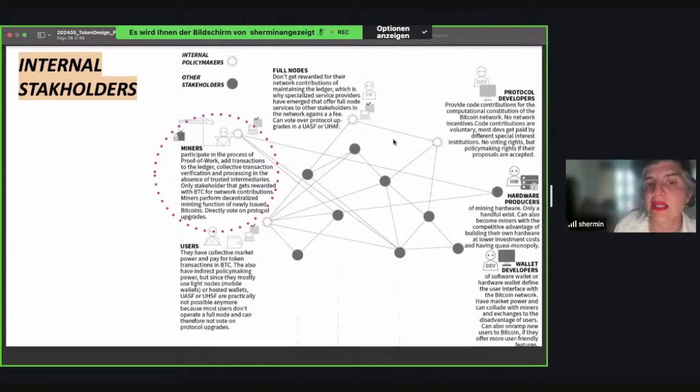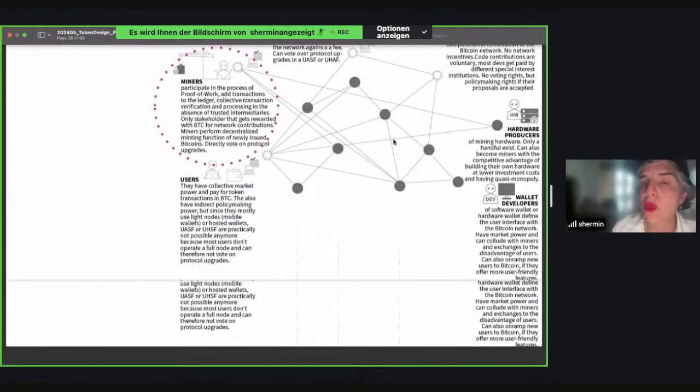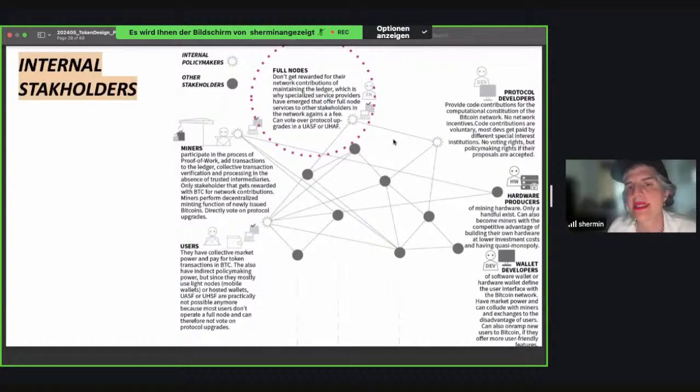So we have the mining node operators, also called miners. We have today the full nodes. We will see later that in the beginning there was no distinction between mining node operators and full node operators; that emerged over time.